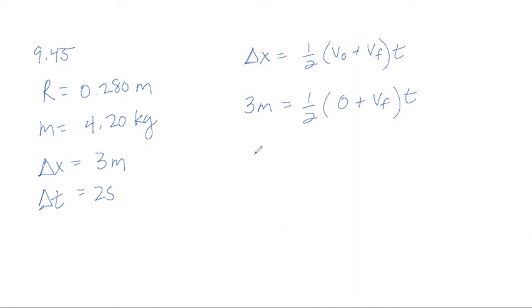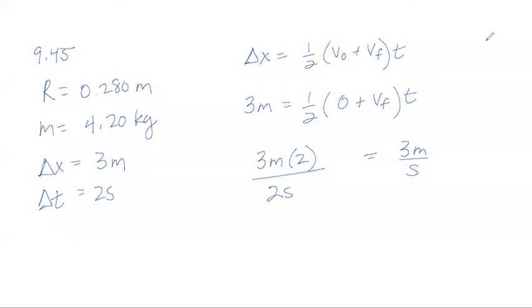So I did just to solve for v final. So 3 meters times 2, and t was 2 seconds, divided by 2 seconds. And that will be 3 meters per second, right? 3 meters per second.